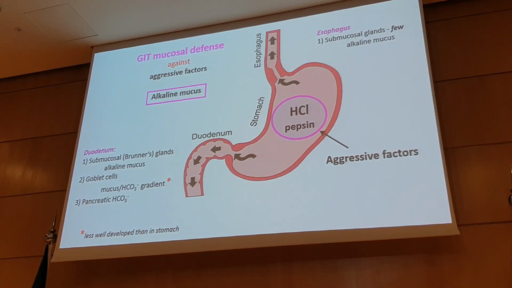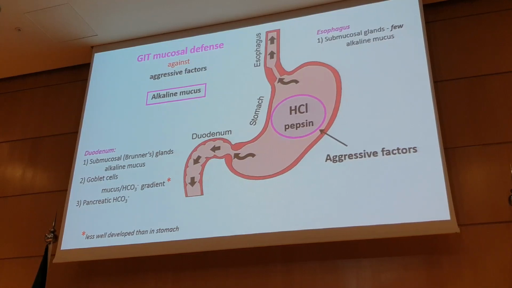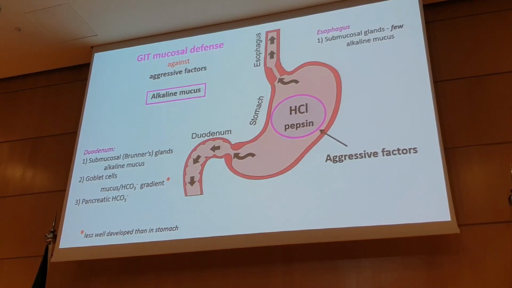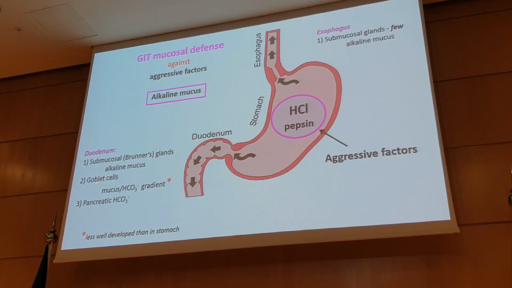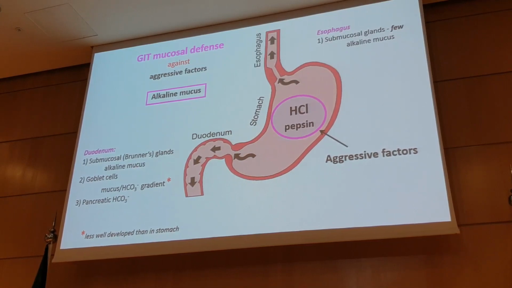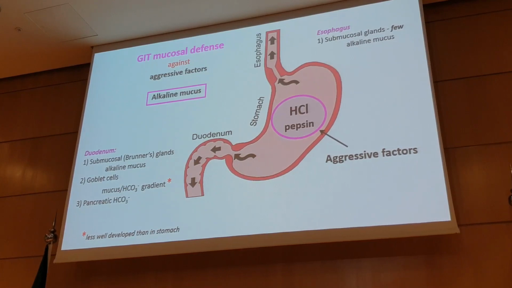You get to the duodenum, you have the same thing. You have submucosal glands, except they're called Brunner's glands. Again, alkaline mucus. You have goblet cells. Remember, did you have intestines? No. But in the intestine, they're called goblet cells, basically, because they look like goblets.